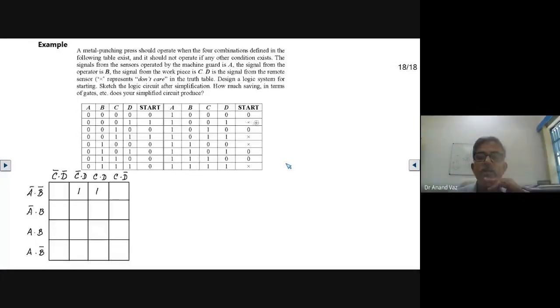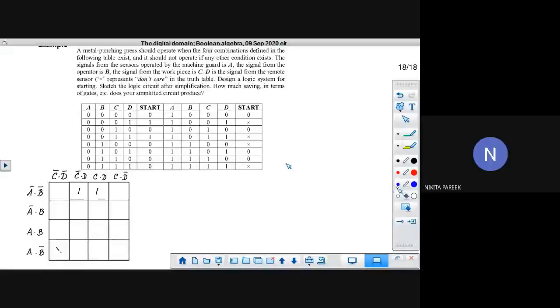We will also have to identify where these cross marks are. So here also we have A and not B, not C and not D. So it will be here. So we'll have to place a cross here. Sir, not C D?